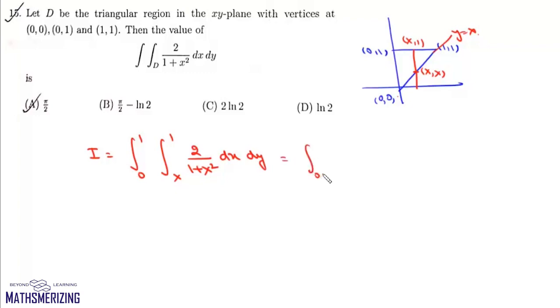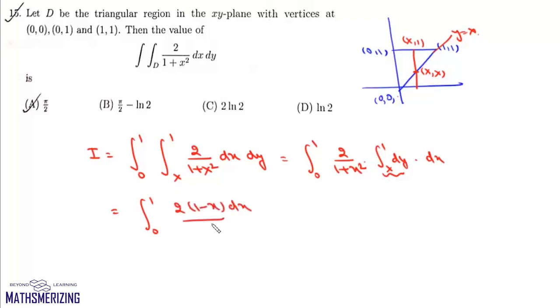So it will be this integral from 0 to 1, 2 upon 1 plus x square, and then from x to 1 dy into dx. Now we integrate this, we'll get this as 1 minus x. So it will be this integral from 0 to 1, 2 times 1 minus x dx upon 1 plus x square.